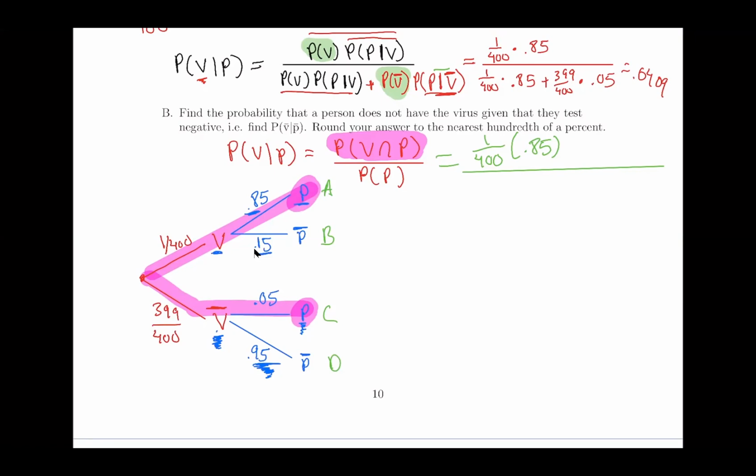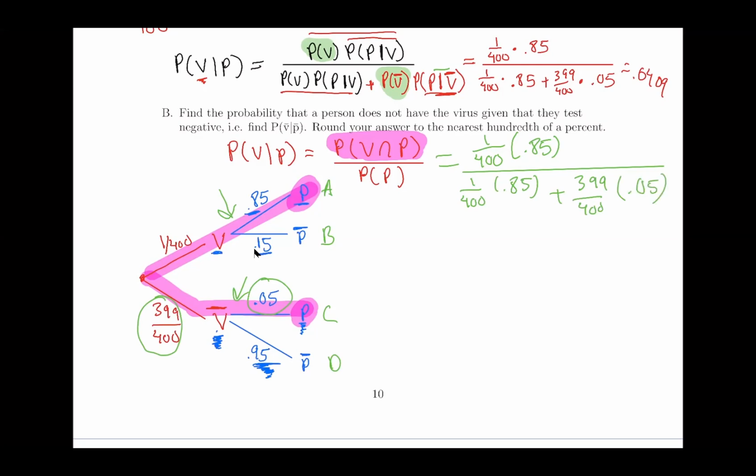So first you're gonna get the probability of this branch, which is just 1 out of 400 times 0.85 plus now we want to get this probability for this branch. So what we're gonna do, we're gonna get this and this one, and we're gonna multiply them. So you get 399 out of 400 multiply by 0.05.